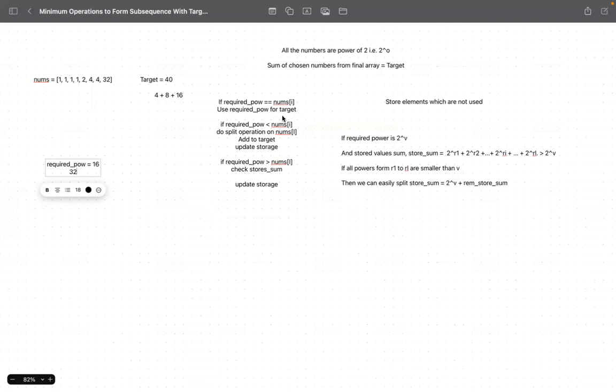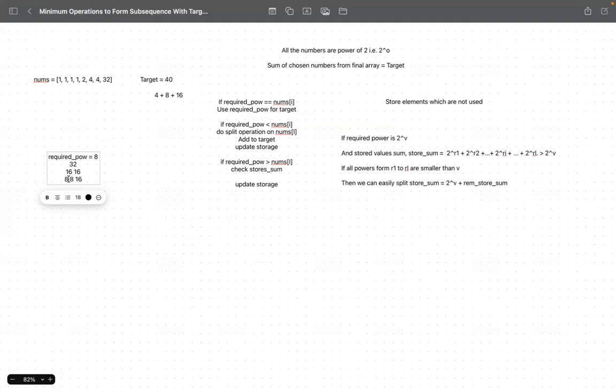Since 32 is greater than 16, okay, let's make it something more interesting. So if required power is just 8 and you have the number as 32, then what you will do is split 32 into 16 and 16 first. Still you are not getting required power, so you will split 16 into 8 and 8, and the third you are not splitting as of now.